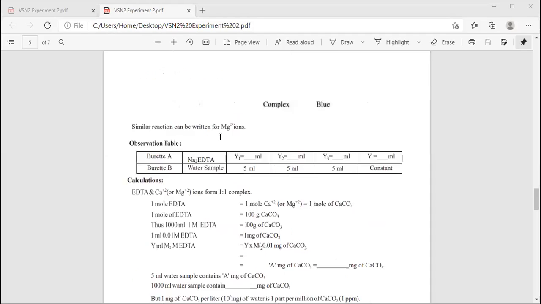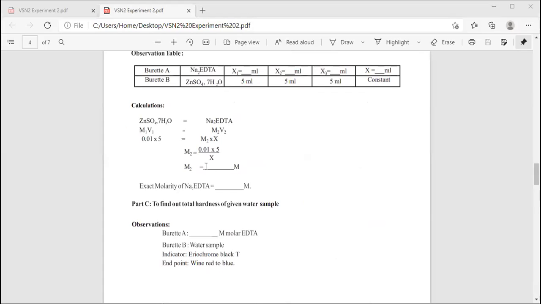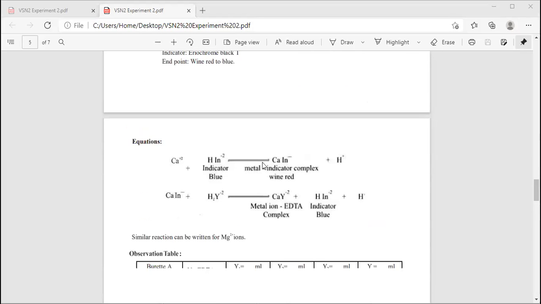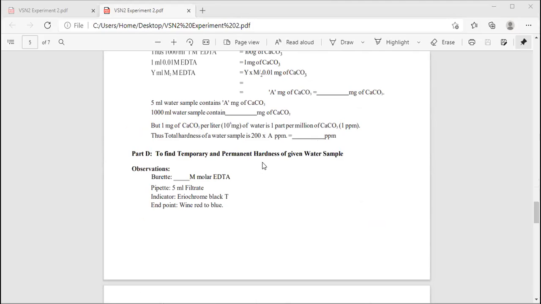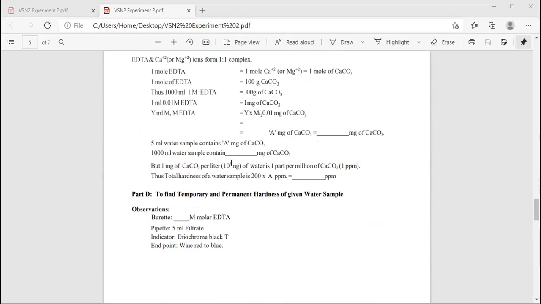What is M2 here? 0.0018? Do the calculation. I think there is some mistake. 0.0018 is not correct. Find out the exact value.